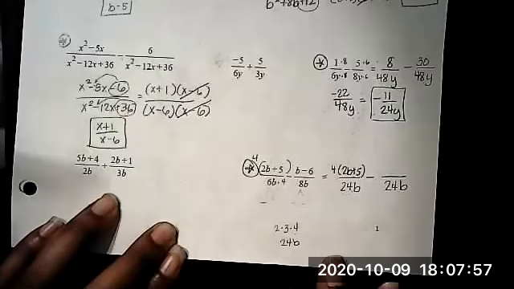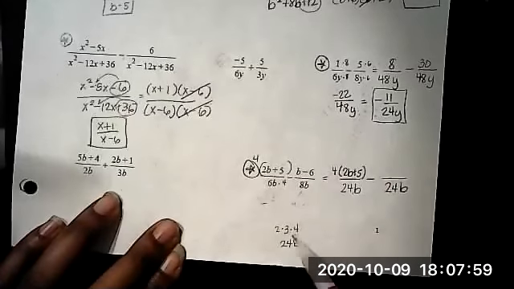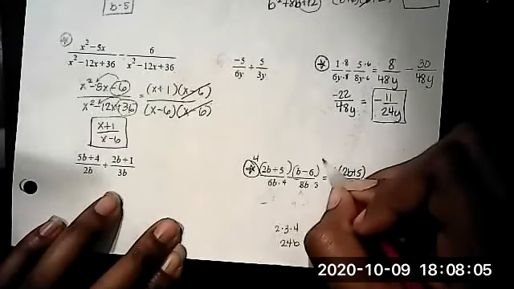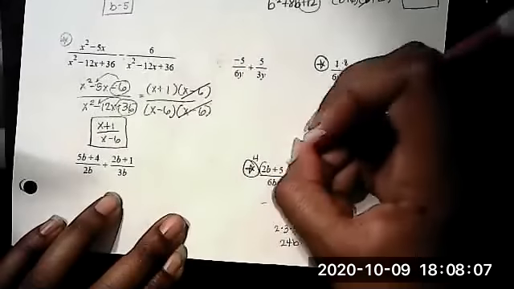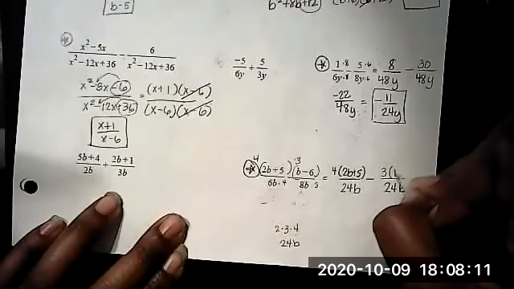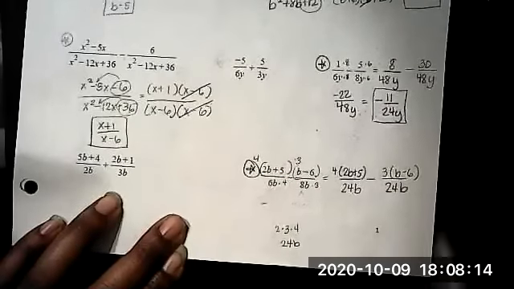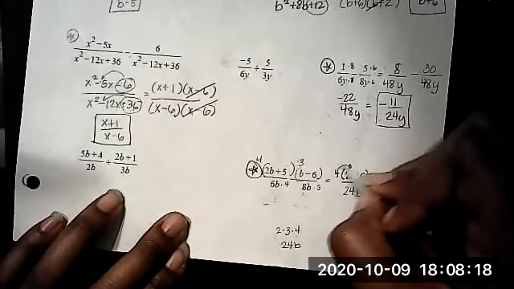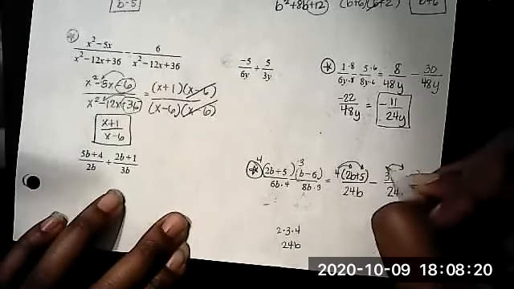And then the same situation over here. What do I have to multiply 8 by to give me 24? 3. So then I have to now multiply the entire binomial up top by 3. Now the 4 has to be distributed, the 3 has to be distributed.